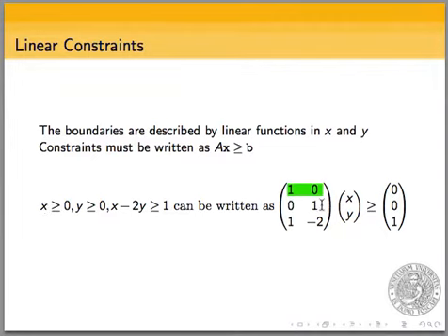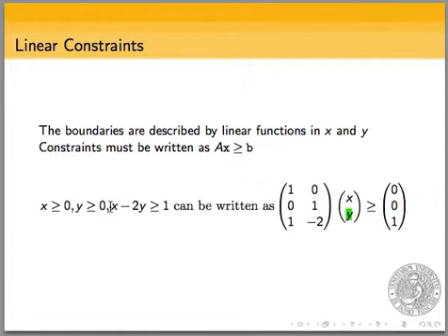If you focus on the second row, this will be there for the second constraint, and here you have 0 times x plus 1 times y, and that's exactly the second constraint that you see here.